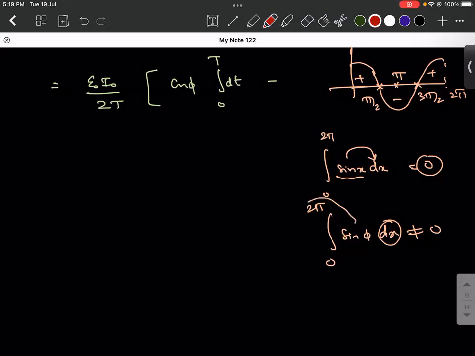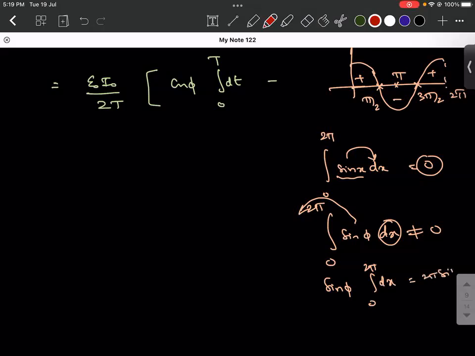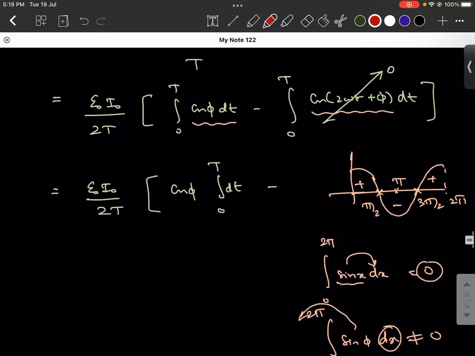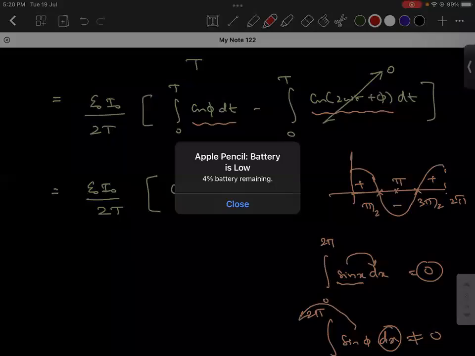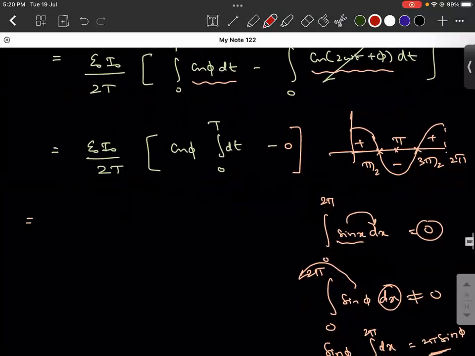Sin phi would have come out of the integral, and sin phi into the integral of dx between 0 to 2 pi would have been 2 pi times sin phi. Are you able to understand the difference? Similarly, cos of 2 omega t plus phi here is 0 because it's a function of time. When that is the case, I can put a 0 here. Then what are we left with? E naught I naught divided by 2T into cos phi. Integral of 0 to T dt is how much?